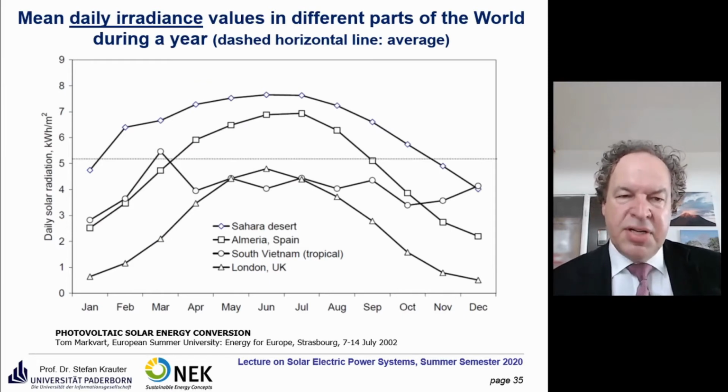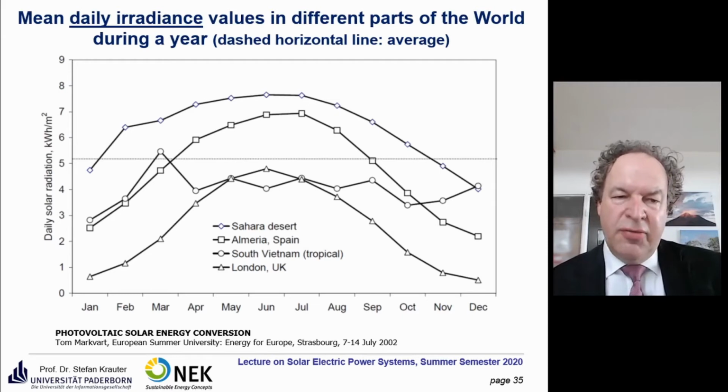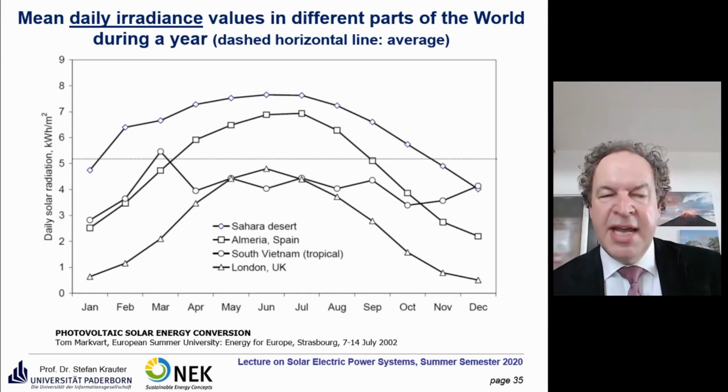This is a comparison of different regions of the world. Above is the Sahara Desert. This is daily irradiance in kilowatt hours per square meter. In wintertime, it's even above 4 kilowatt hours per square meter, and in summer, it's an average of 8 kilowatt hours per square meter.